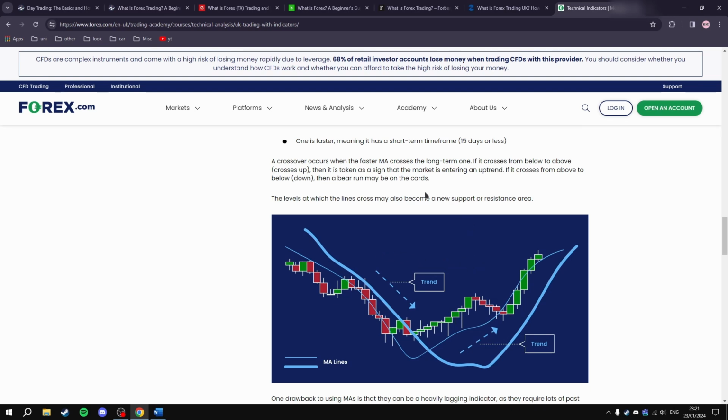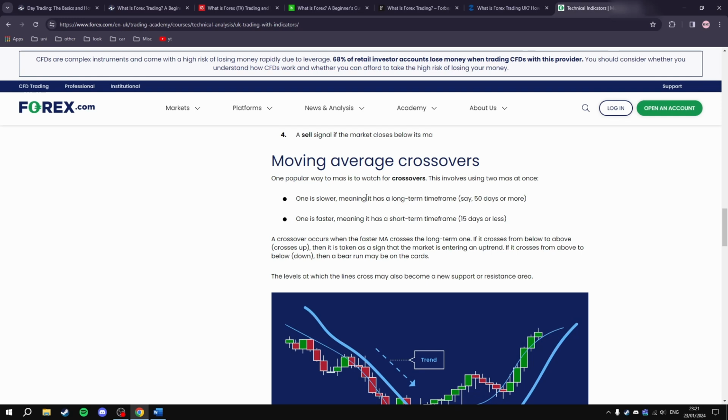Market's entering uptrend, bear is going down. Bear run. Yeah, bear run is going down. Right, okay.